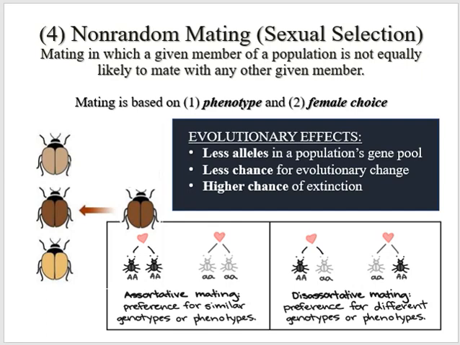So we can break non-random mating down into two kind of different classes, right? There's assortative mating and disassortative mating. Disassortative mating is not quite as common as assortative. This is when individuals only mate with others who are phenotypically different from themselves for a selective trait, right?